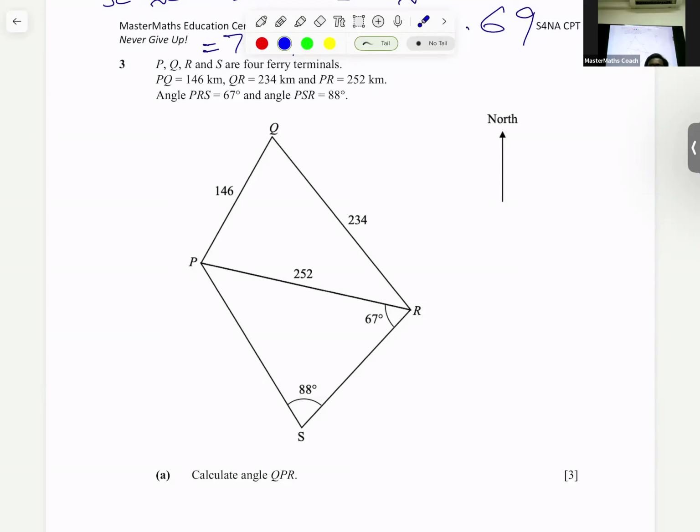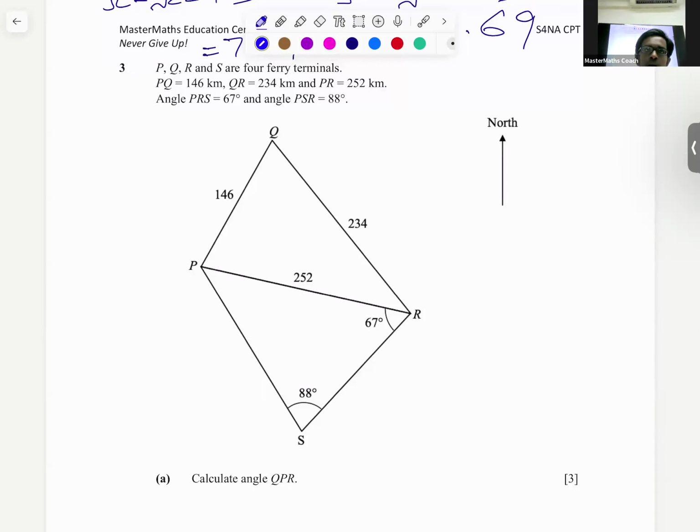But who likes Bintan? People who don't like crowds. They want a quiet place, not many people, then they will go to Bintan. So anyway, our ferry terminals are mainly used for ferry rides to Batam and Bintan.